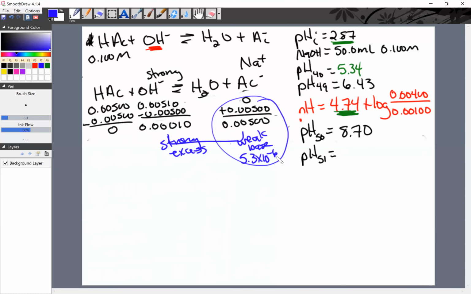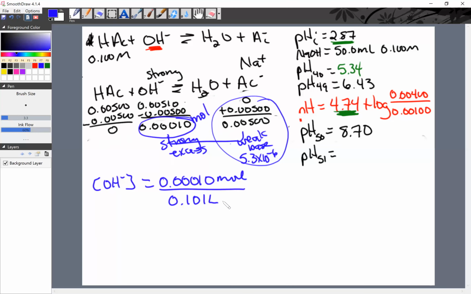All right, well, what in the world is going to happen here? This is how many moles of excess I have. You can't take the negative log of a mole, so we need to convert that back out to molarity. And so I have 0.00010 moles, and I had 50 mils originally, and I added 51.